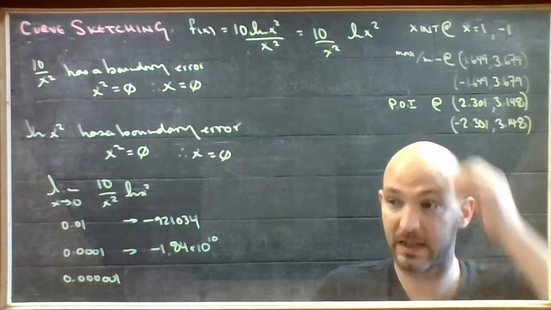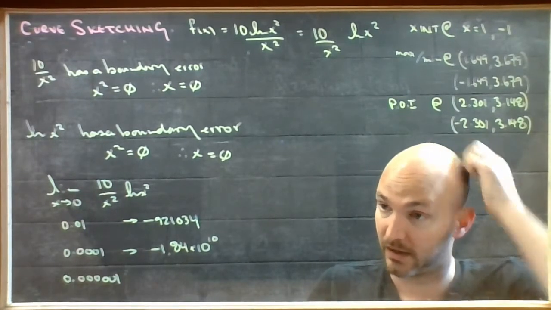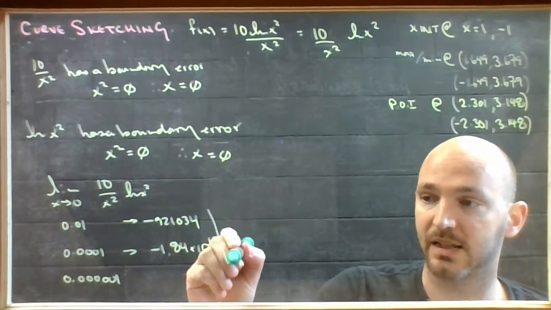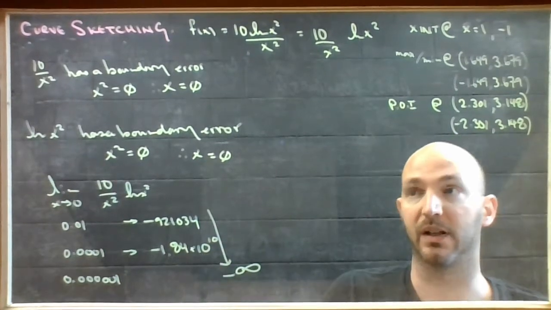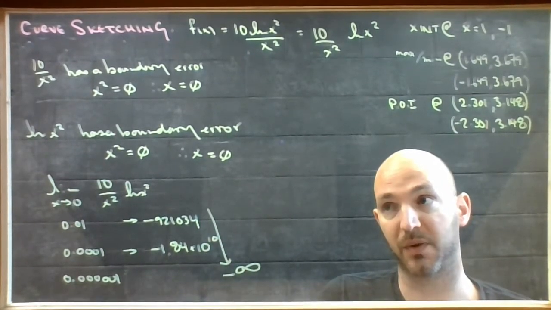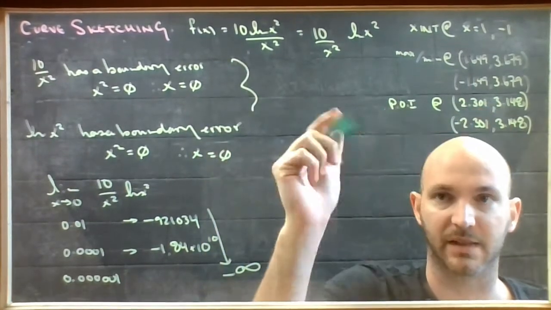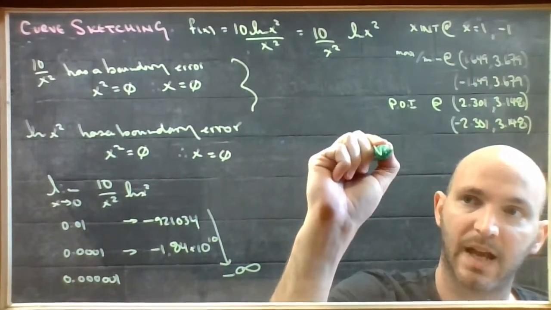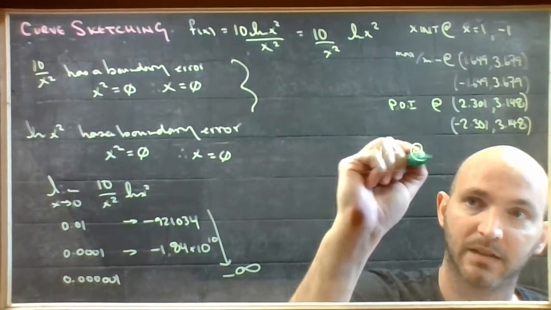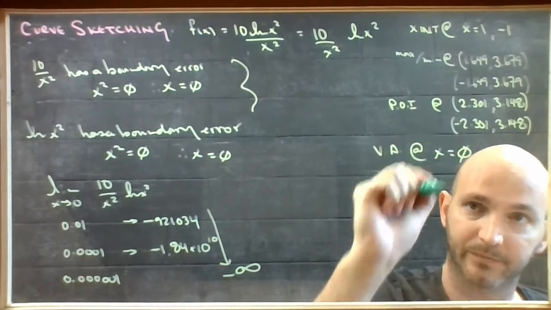So that's 18 billion. I think it's pretty safe to say that these numbers are going to negative infinity. So there's no masking. I ended up with a boundary error. So that means that there is, I guess my list here, there is a vertical asymptote at x equals 0.